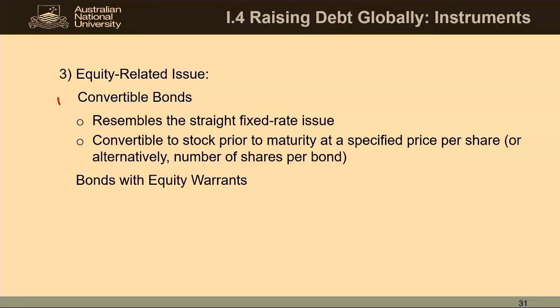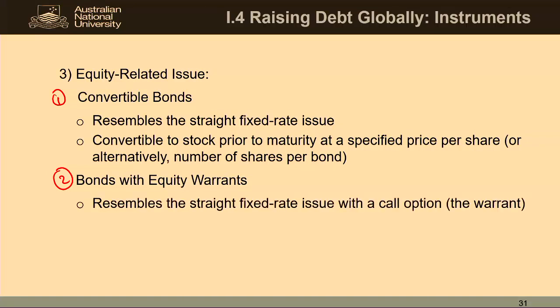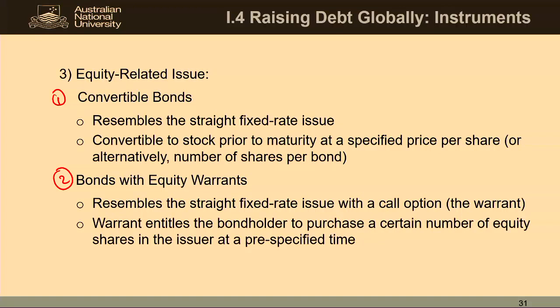Or you can have a second type of equity-related issue, which are called bonds with equity warrants. They resemble the straight fixed rate issue with a call option, which is basically the warrant.